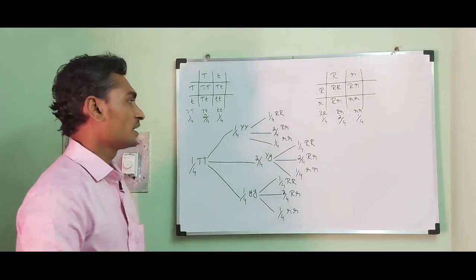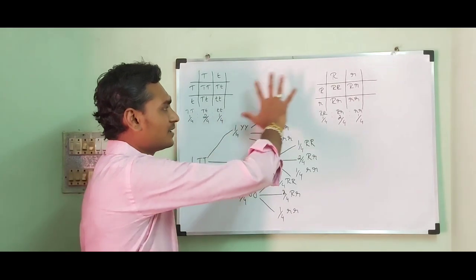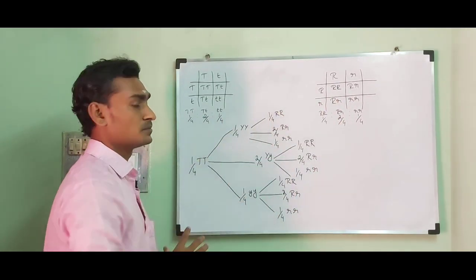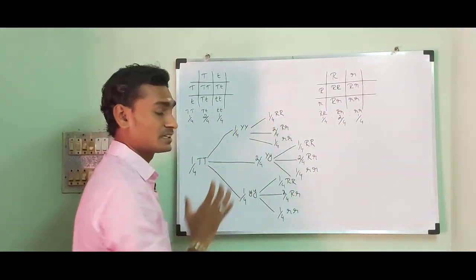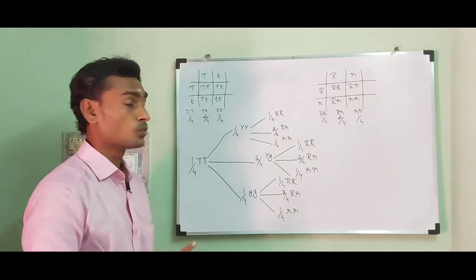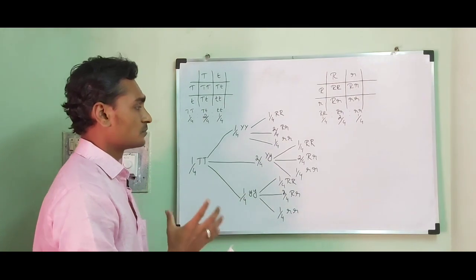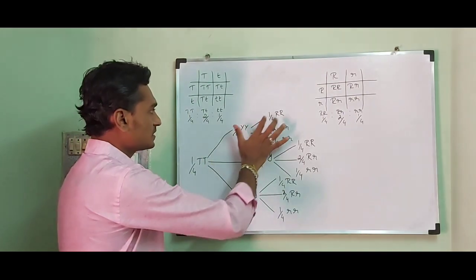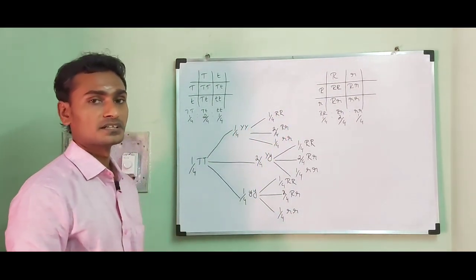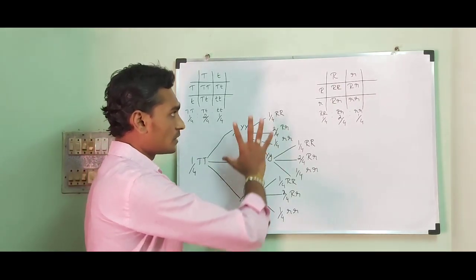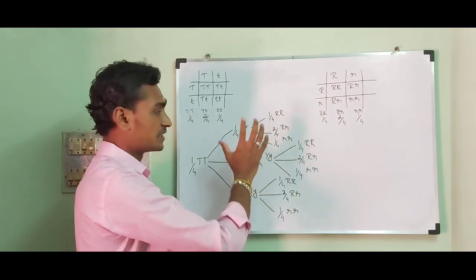Why we have to plot all the genes being considered? Because each gene can assort independently. So we have to plot all the possibilities with their proportion.